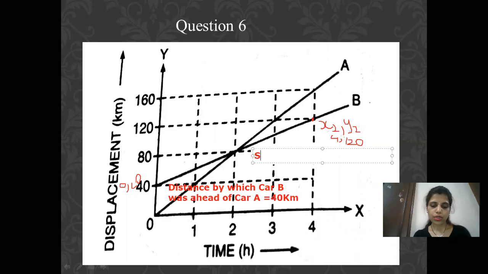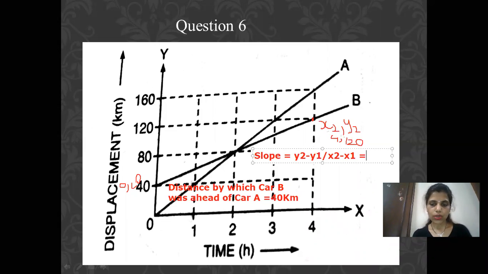So slope, which will give me the velocity for B, is equal to y2 minus y1 upon x2 minus x1.